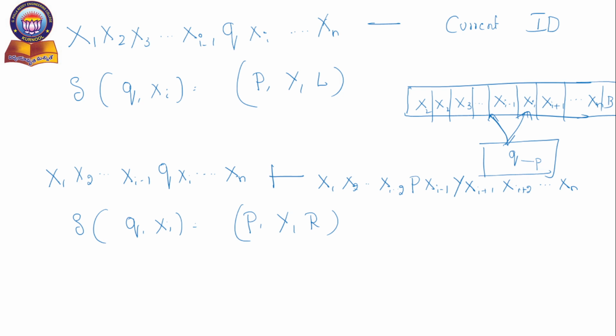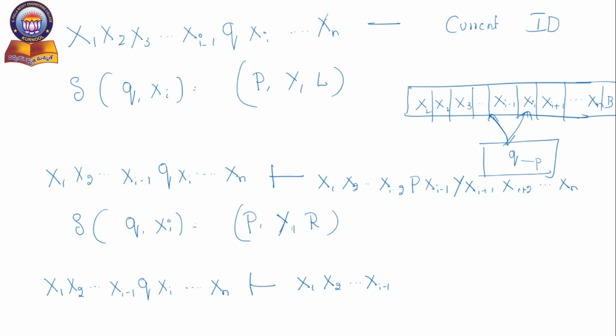Next, suppose delta of q, xi is equal to p, y, R, means being in the state q, reading the symbol xi, the machine is changing to the state p, replacing the xi symbol by y, and moving towards the right side. Then the movement will be like this. In terms of the IDs, the move can be represented as x1, x2, xi minus 1, q, xi, so on, xn will move to x1, x2, so on, xi minus 1.